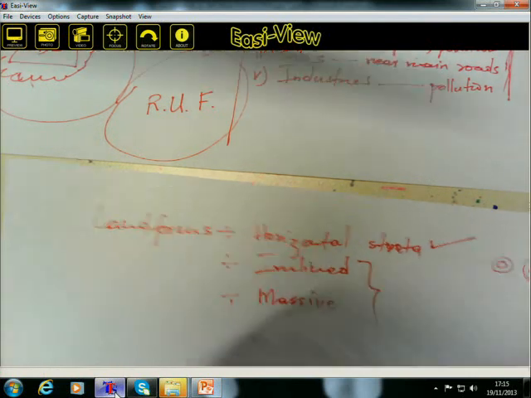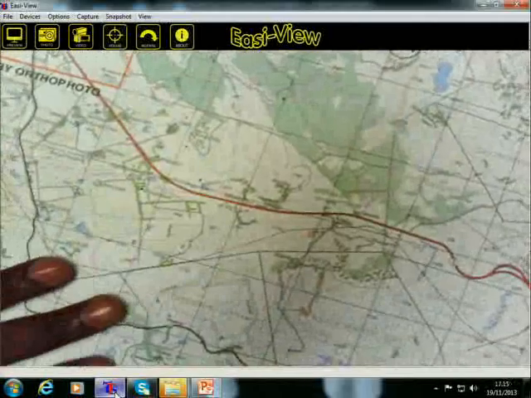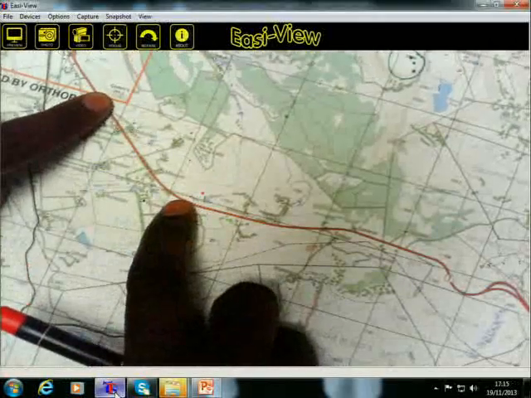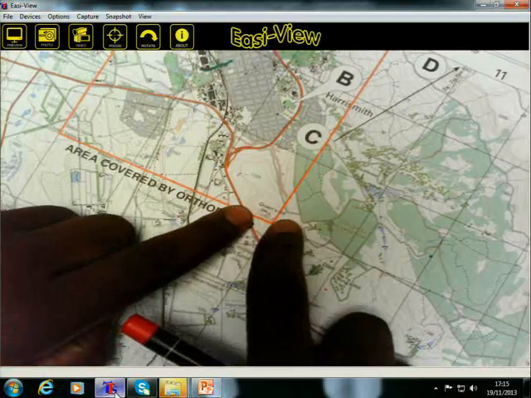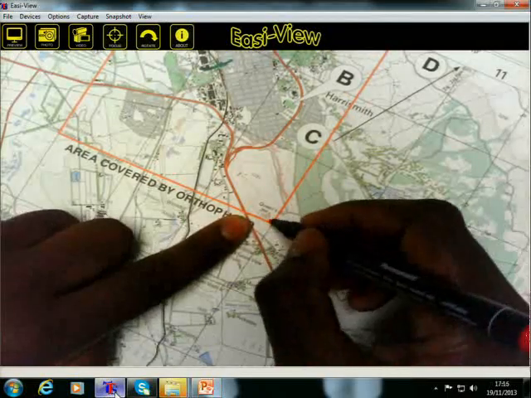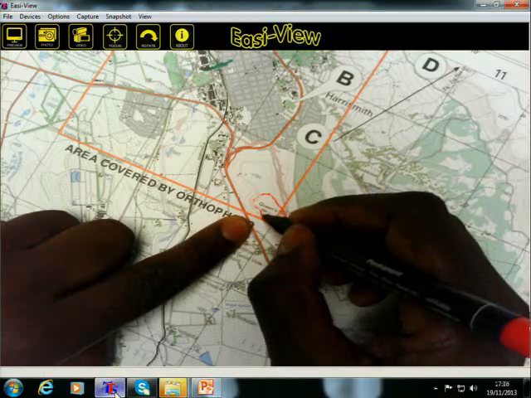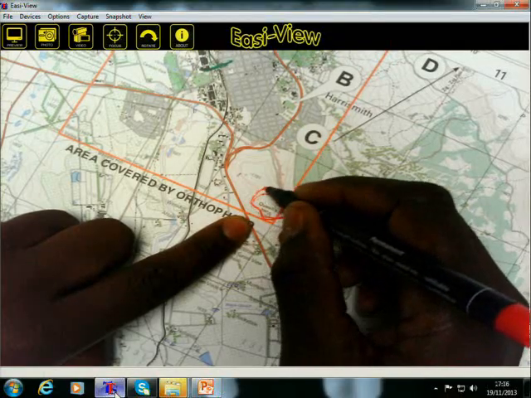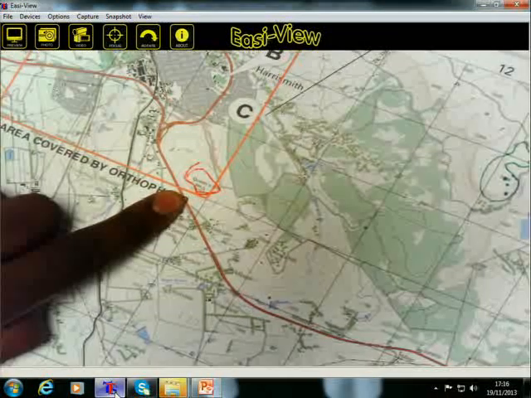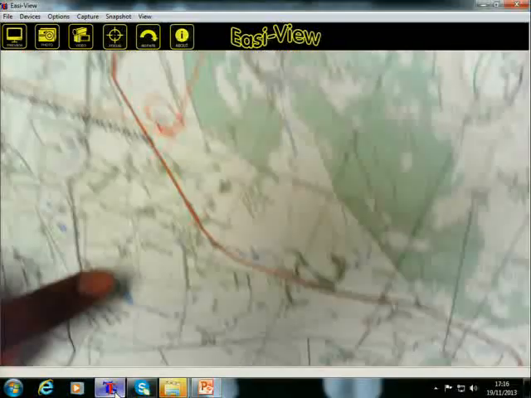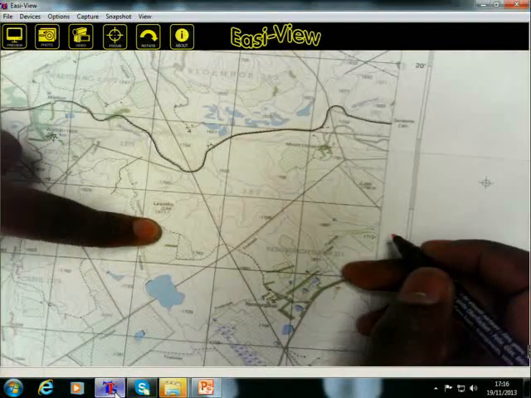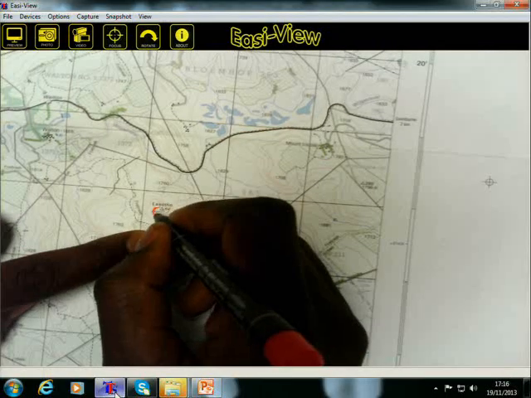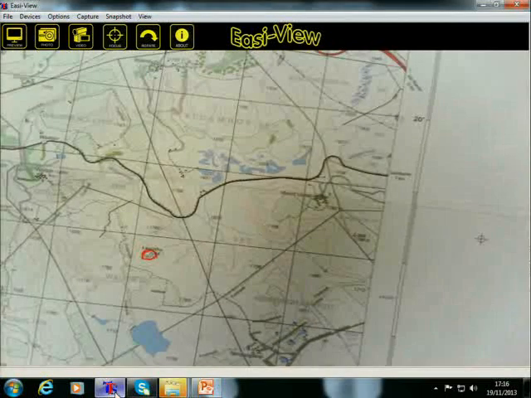You look at your map, you look at your features, look at block C9, Queen's Hill there. When you look around, you'll find that your sizes will definitely differ. And when you compare that one with the other one in block H13, you'll find that it becomes a little bit smaller.